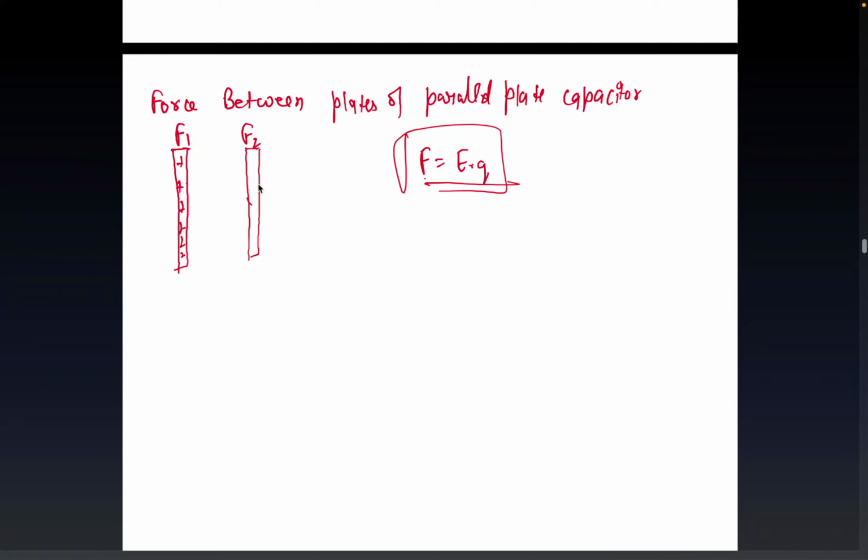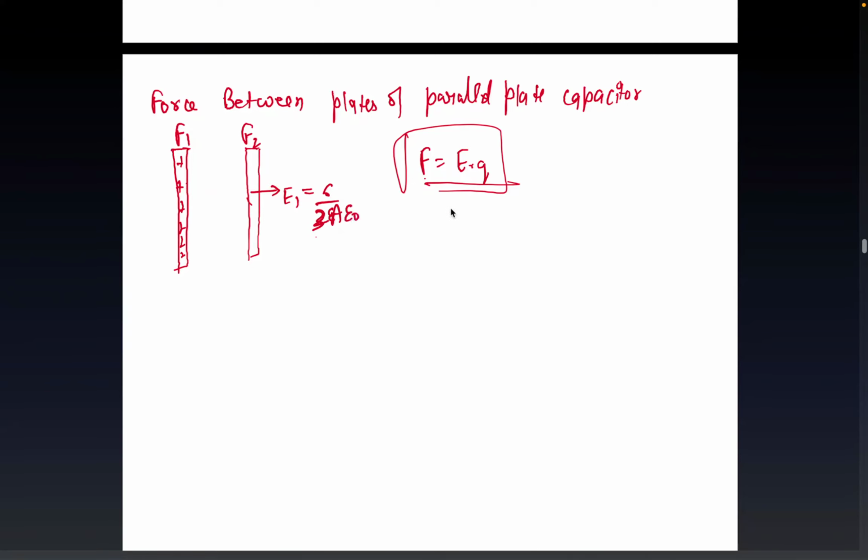what is the electric field due to it, what is E1? Can you see E1 is nothing but sigma by 2 epsilon naught? Because you can see, on this side it is sigma by 2 epsilon naught, and this side also 2 epsilon naught. In between it becomes sigma by epsilon naught, but the direction gets reversed. So E1 is this.